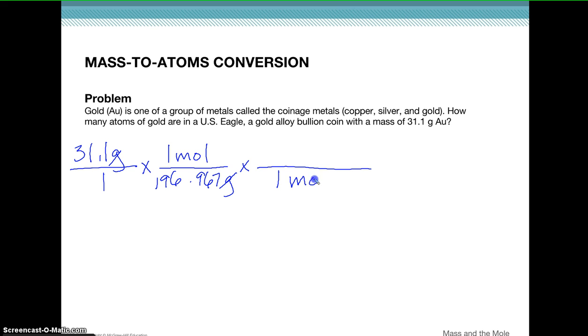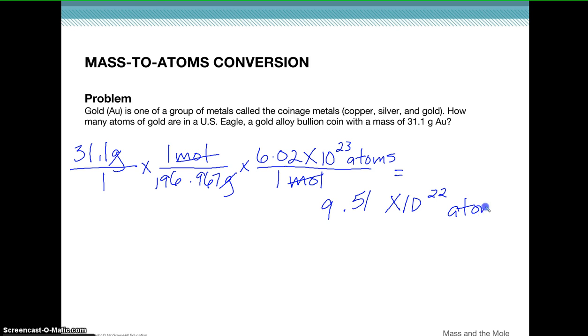So 1 mole is equal to 6.02 times 10 to the 23rd atoms. Our moles cancel, we do the math, we round to 3 sig figs, and we get 9.51 times 10 to the 22nd atoms of gold.